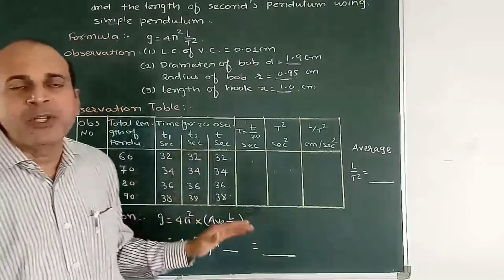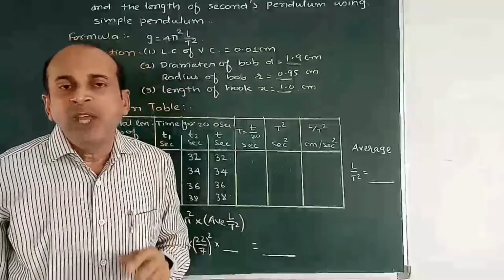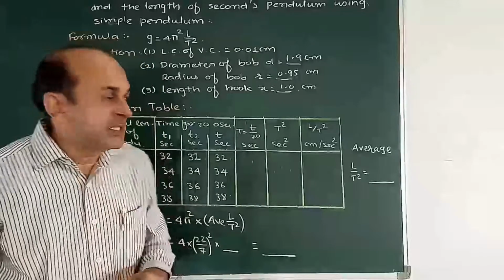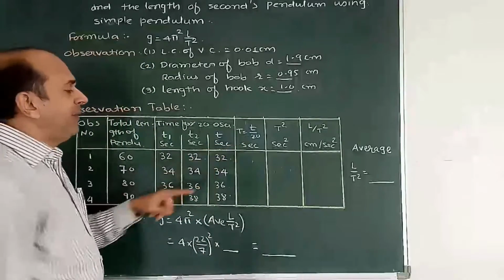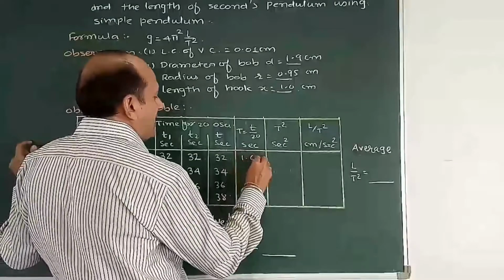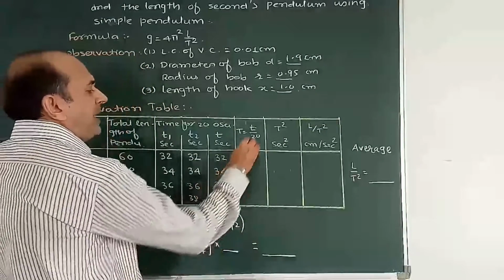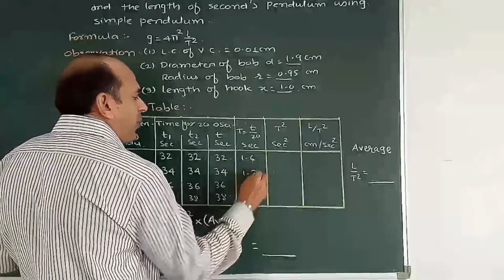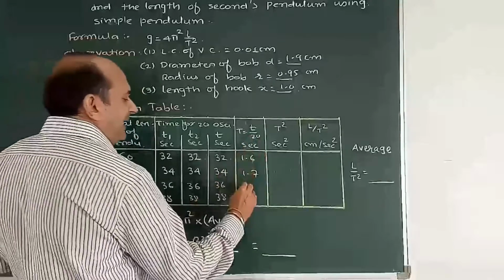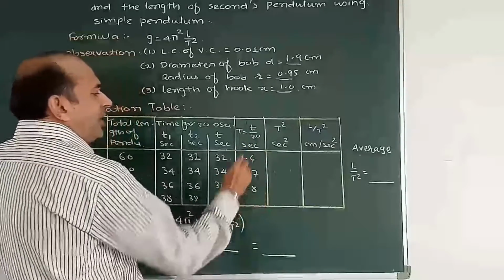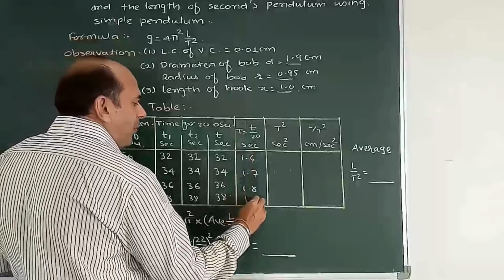But this time is for 20 oscillations, and we have to find the time for a single oscillation. So 32 divided by 20 gives 1.6. Similarly, 34 divided by 20 will be 1.7, 36 by 20 is 1.8, and 38 by 20 will be 1.9.